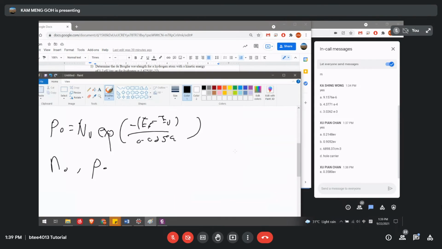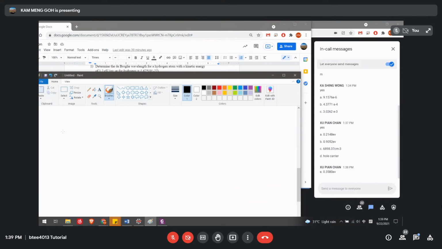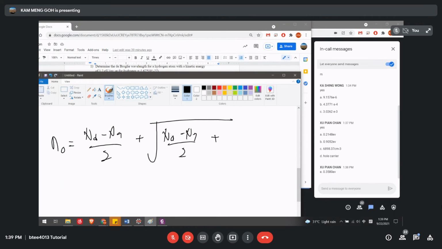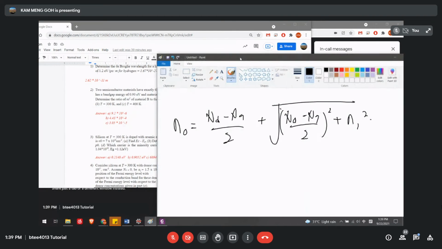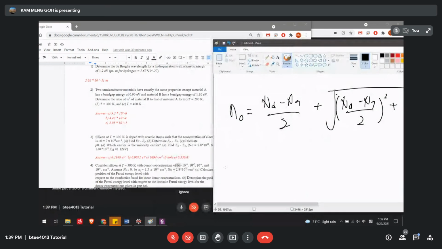Based on the ND, you can find the NO. Based on this formula, NO equals (ND minus NA) divided by 2 plus the square root of ((ND minus NA) divided by 2) square plus NI square.